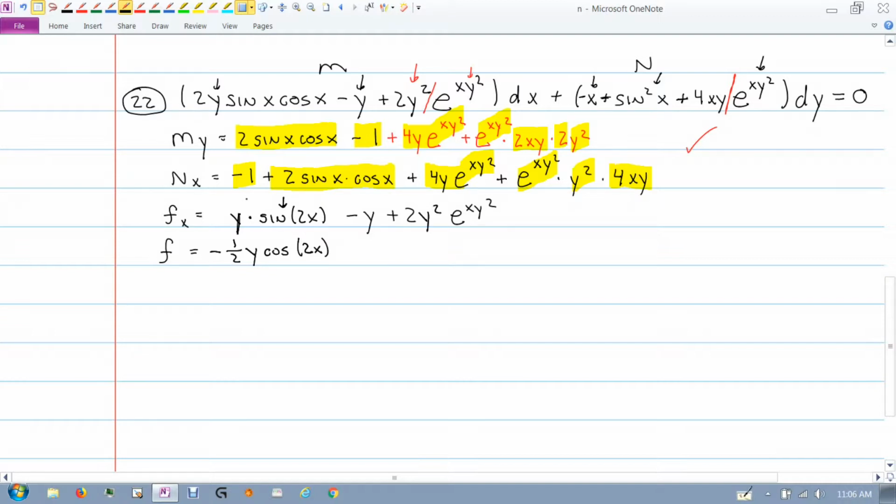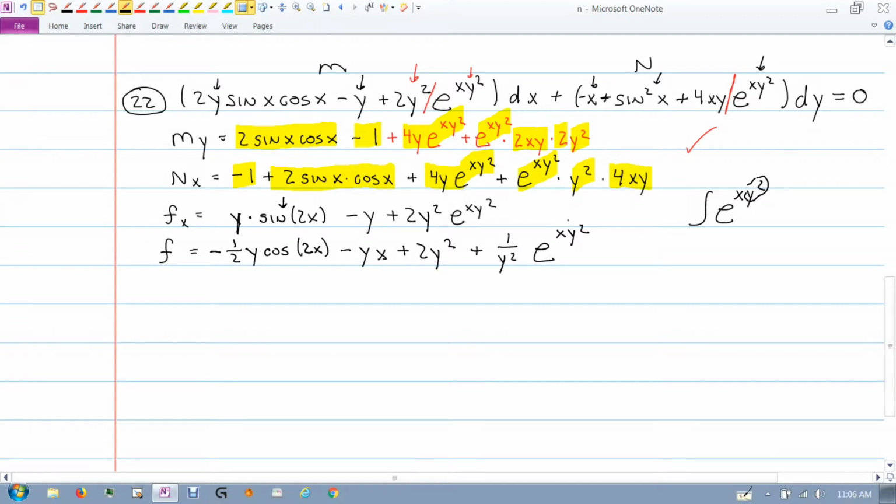So still integrating here with respect to x, I get minus yx, and then plus the 2y squared comes for the ride. Now I need to take the antiderivative of e to the xy squared. And just remember that y squared is like a constant. So the antiderivative of that should be itself, but then I need to scale it by 1 over y squared.